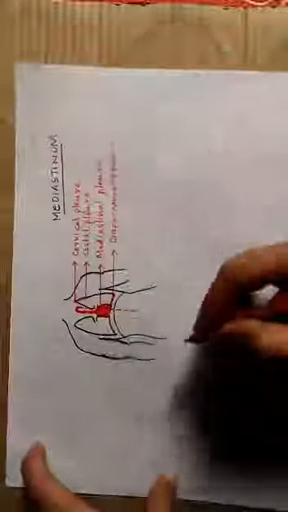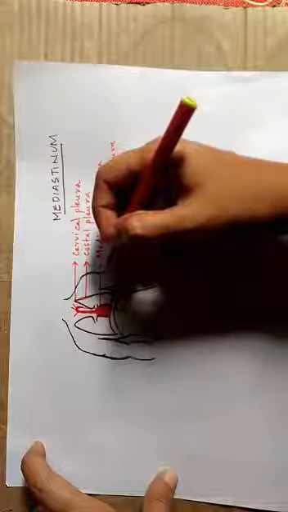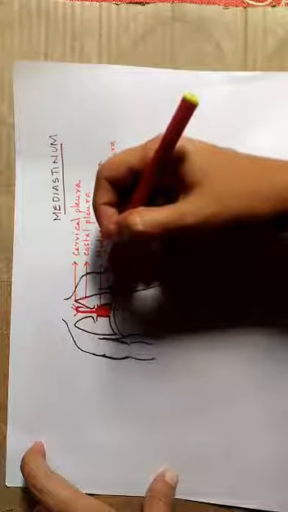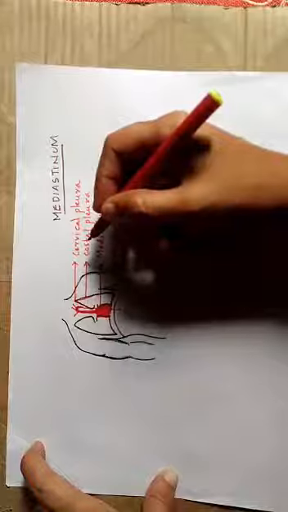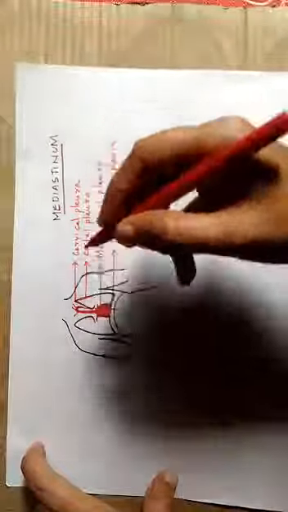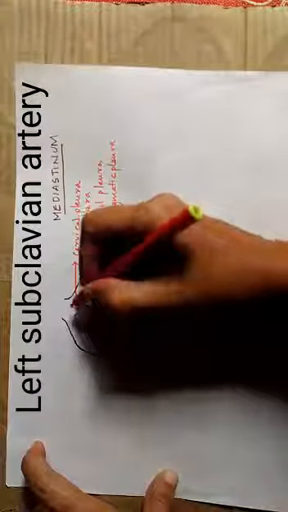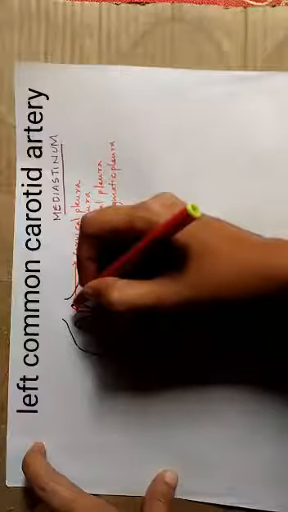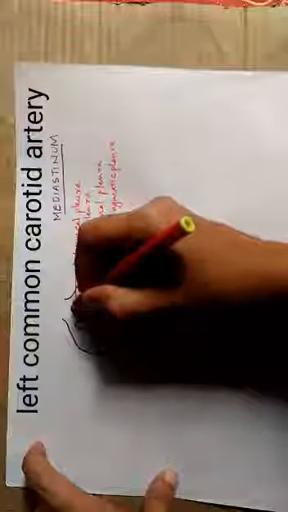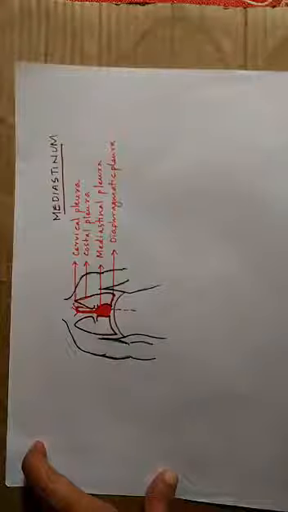And this arch of aorta has three branches, 1, 2 and 3, to supply the head, neck and the upper limbs.